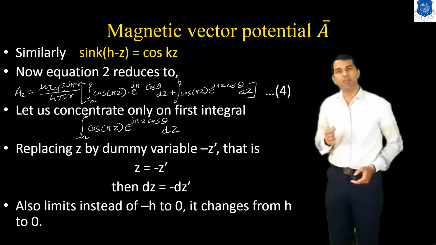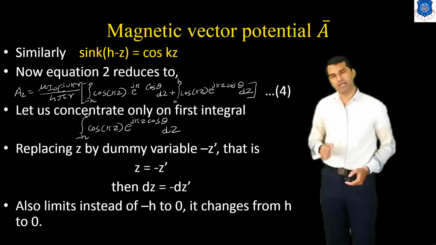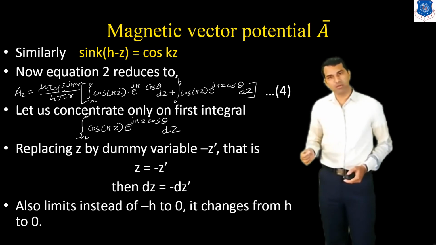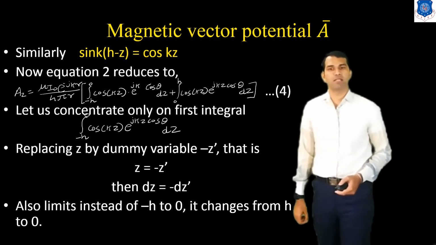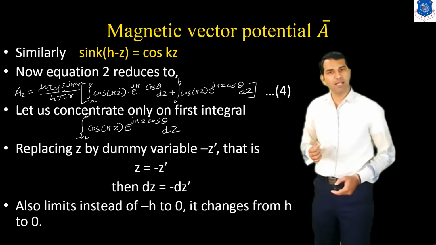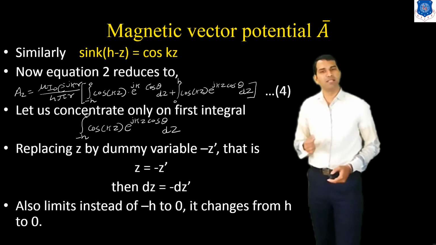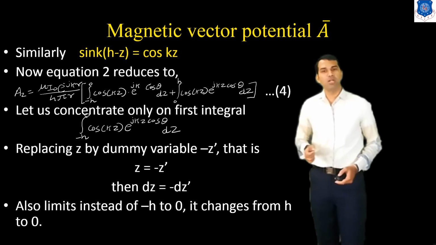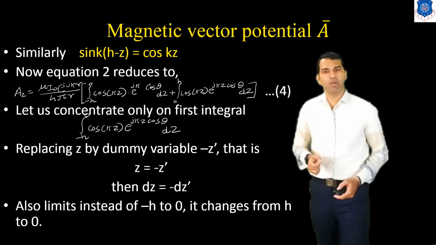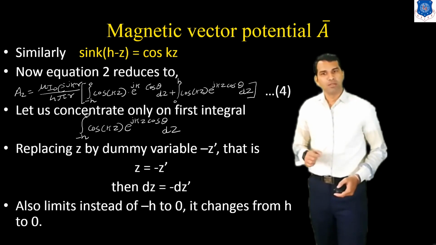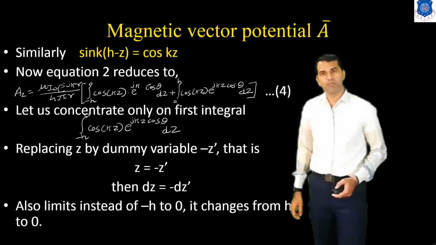Replacing z by a dummy variable minus z dash: to solve this, we replace z by the dummy variable z equals minus z dash. Then dz equals minus dz dash. Also the limit changes: instead of minus h to 0, it becomes h to 0.